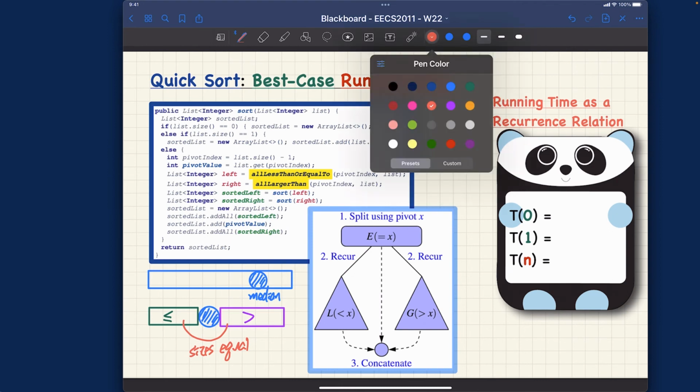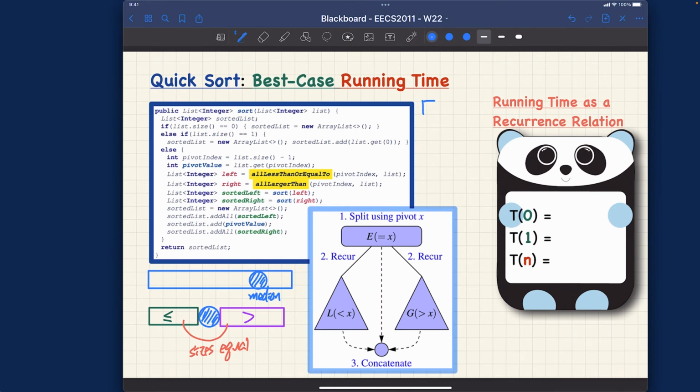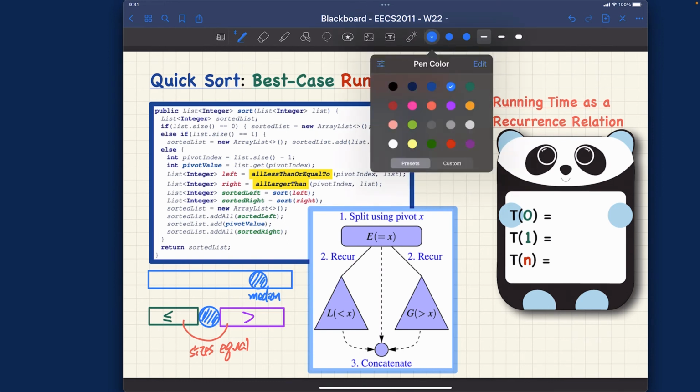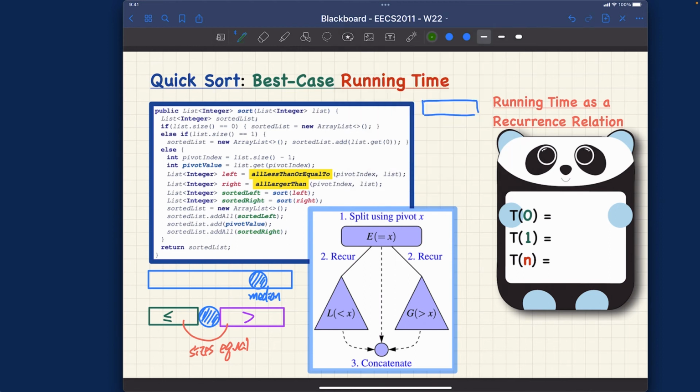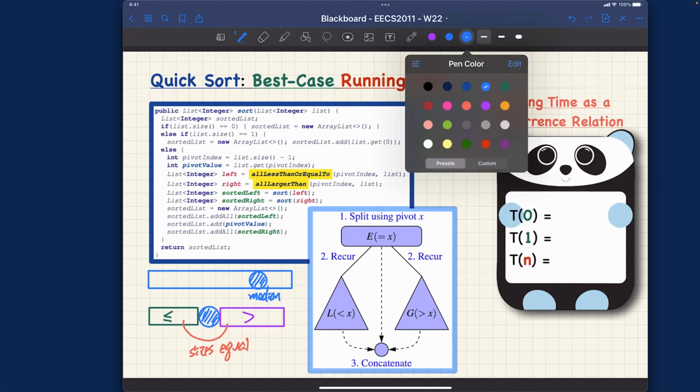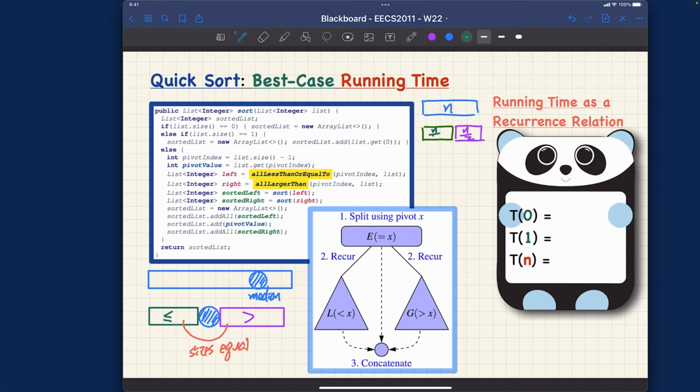So what's going to happen is, given the original list, let me just give you some conceptual idea, and then after the first split, we're going to get about half for less than or equal to, and also about another half for larger than. So this will be n, and this will be n over 2, and this part over here is going to be n over 2 as well.